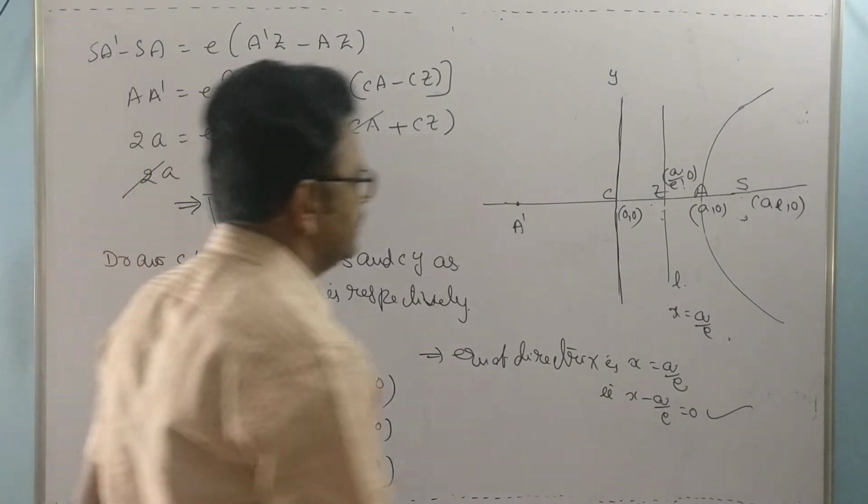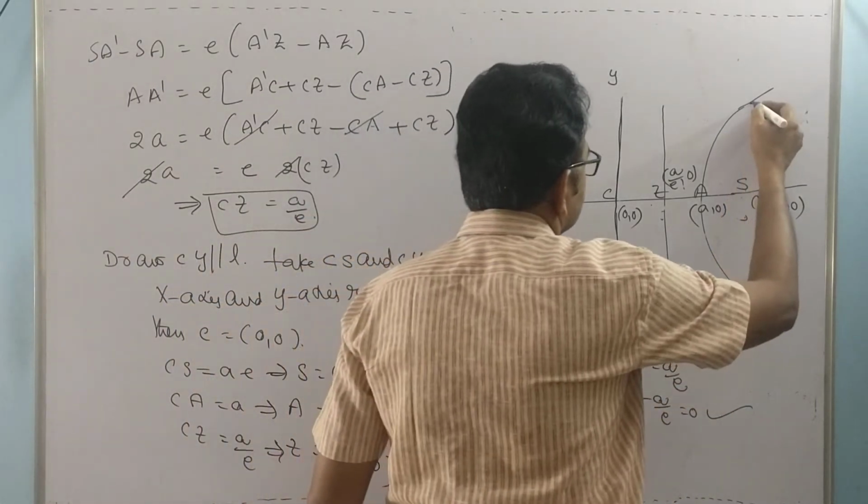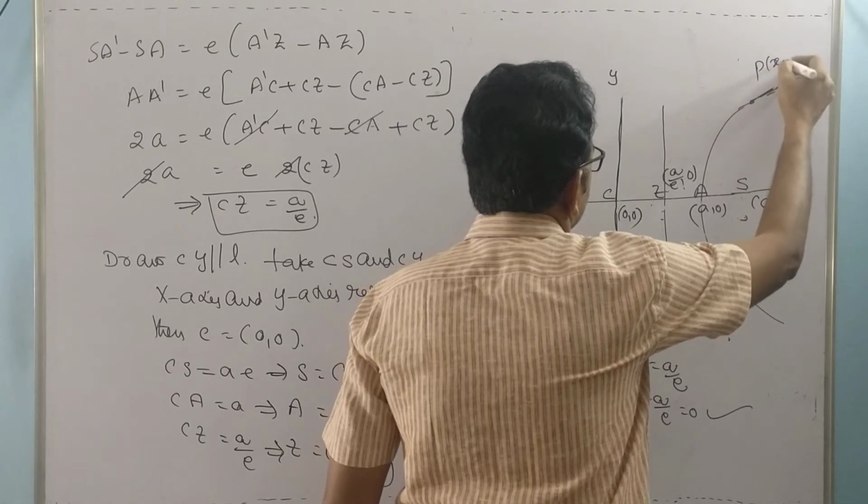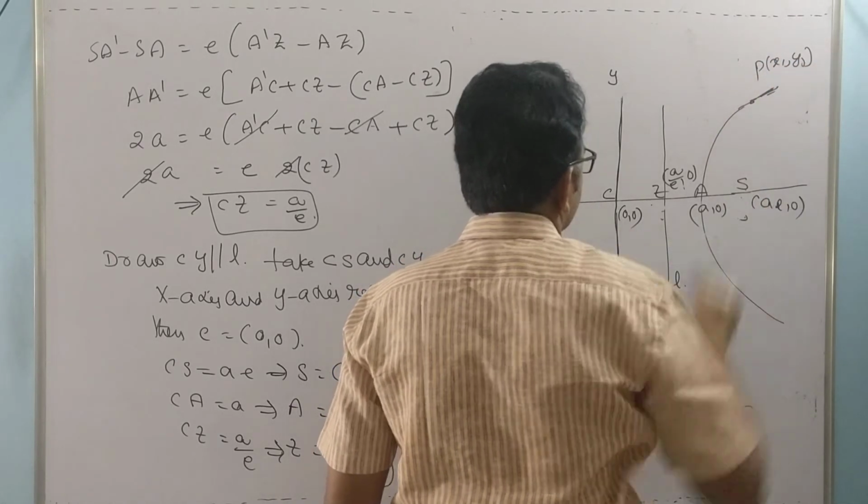Okay, and again let P, this point is P, x1 comma y1, be a point on the hyperbola.